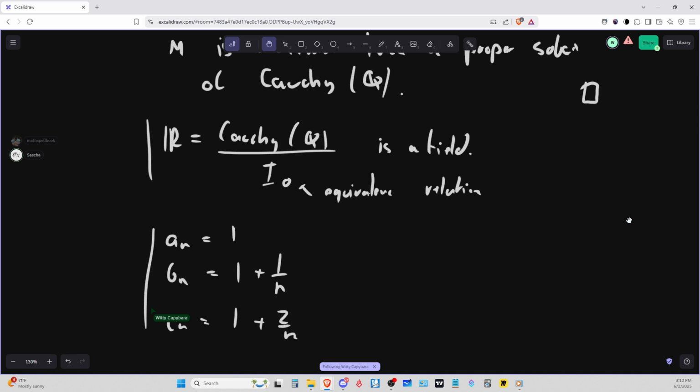So if we had chosen R to be the Cauchy sequences, then we would be in trouble, because all those three things are different as sequences. And the thing that we are dividing by makes sure that those three will be equivalent. The reason why a_n and b_n are equivalent is that if I do a_n minus b_n, this guy will be 1 minus (1 plus 1 over n), so we get minus 1 over n.